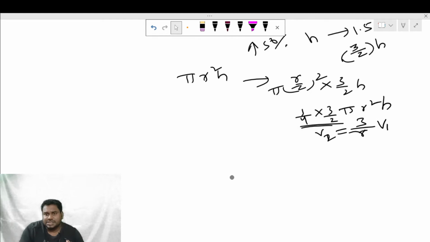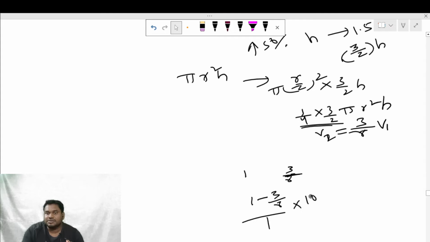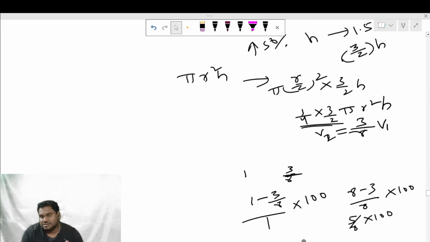So it means there is a reduction in its volume. How much reduction? Initially it was 1, now it became 3 by 8. So the reduction is found by 1 minus 3 by 8, divided by 1, into 100. That is 5 by 8 into 100.